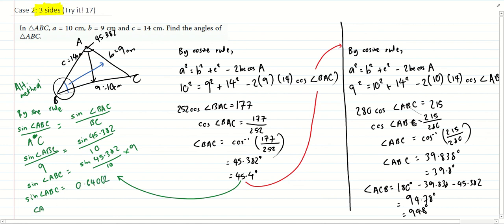So angle ABC equals sine inverse. Of course, in this case, because we are using the sine rule, we must remember to use the obtuse angle as well. So you will have 39.838 degrees, which is what we found.